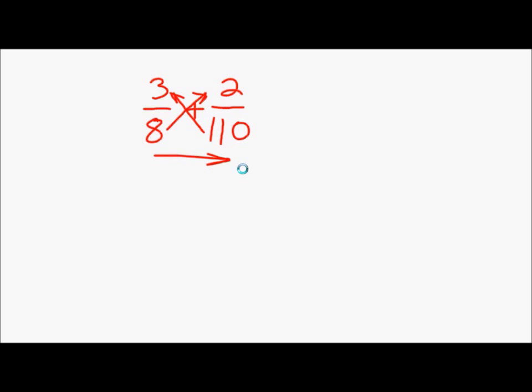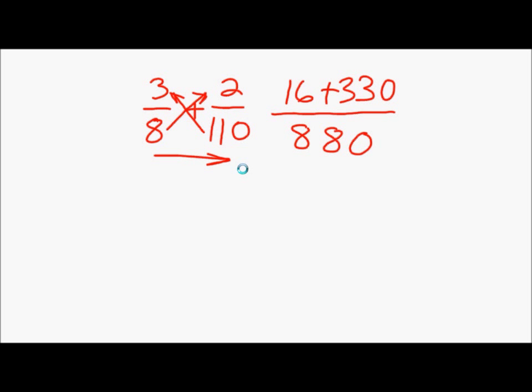Now, we'll take 8 times 2, we get 16, and we take 3 times 110, and we're going to get plus 330. That would be our numerator. And then 8 times 110, it would be 880.